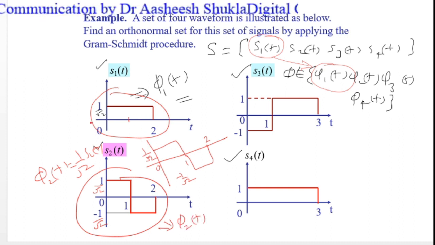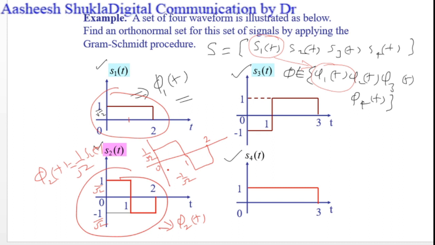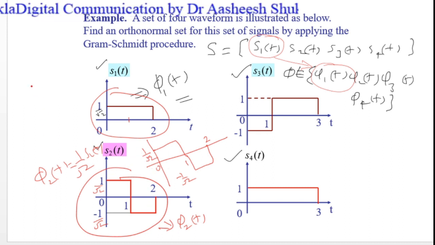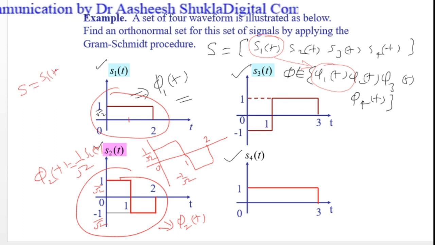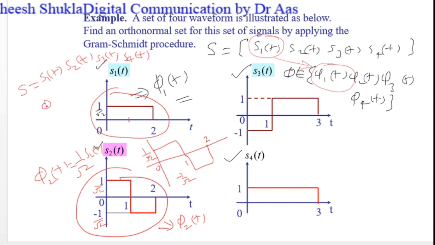So now S can be equal to S1t, S2t, S3t, S4t. We have already found phi 1t and phi 2t. Right?